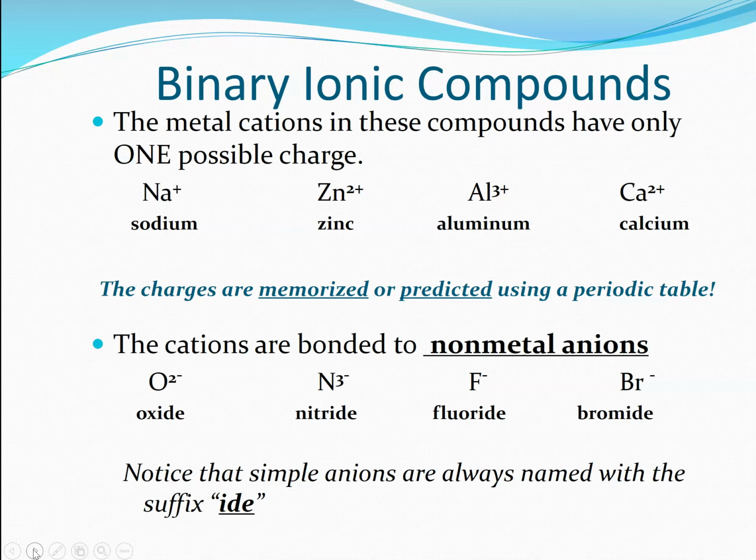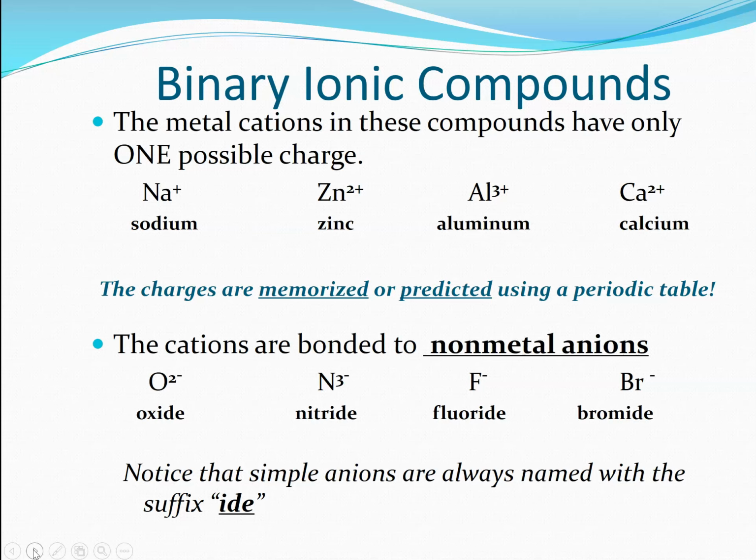The anions, on the other hand, are bonded to a nonmetal. You have oxide, which is a 2-, nitride, which is a 3-, fluoride, which is a 1-, and bromide, which is a 1-.